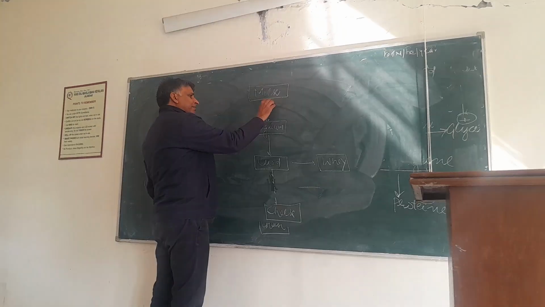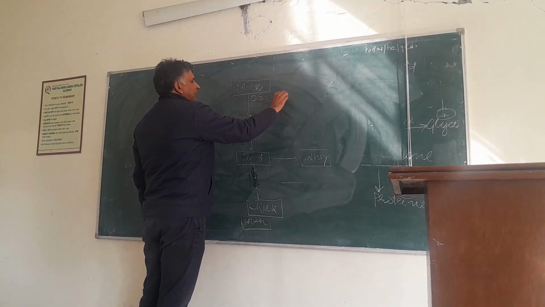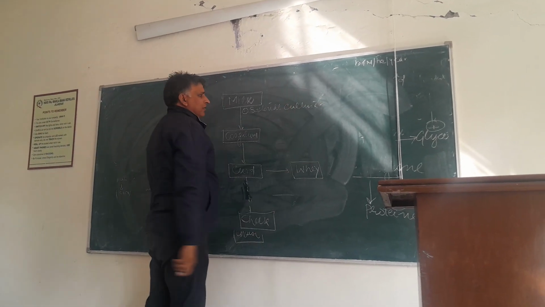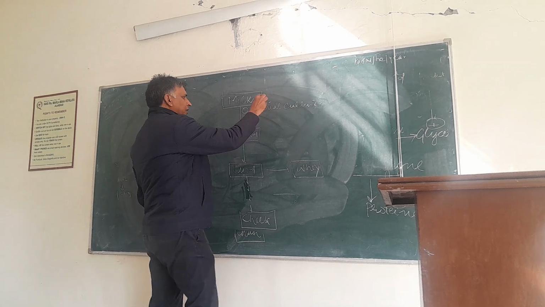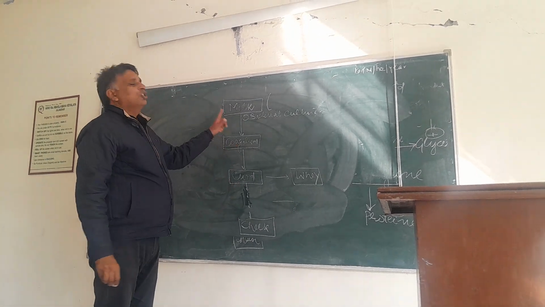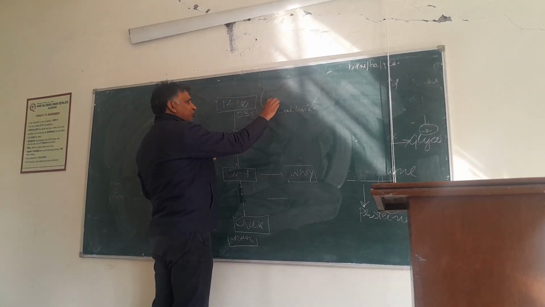So first we have the bacterial culture. We have inoculated the milk with the bacterial culture. And first I will give you the composition of the milk. The composition of milk consists of the sugar lactose.